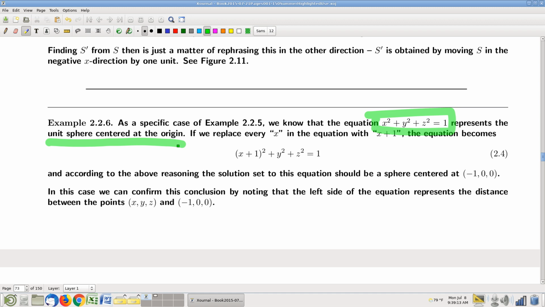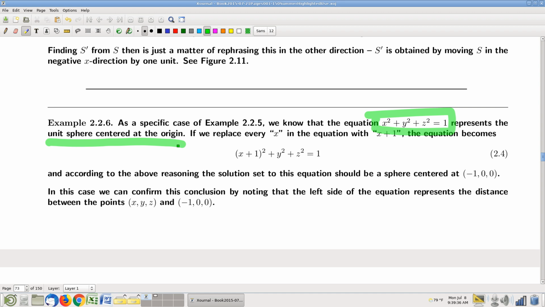We saw how to take cross sections last time. Set z equal to various constants, you get a bunch of circles. Set y equal to a bunch of constants, you get a bunch of circles, etc. So this is a surface all of whose cross sections are circles. This kind of has to be a sphere. So that's one way to see it.